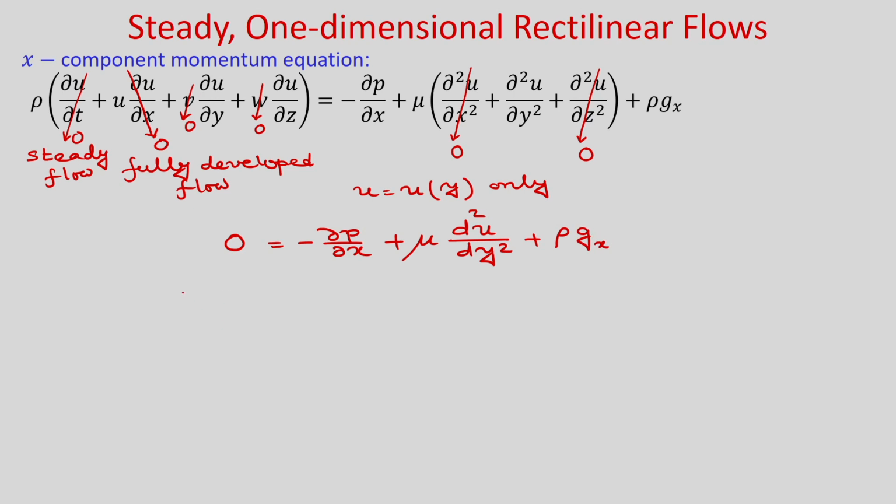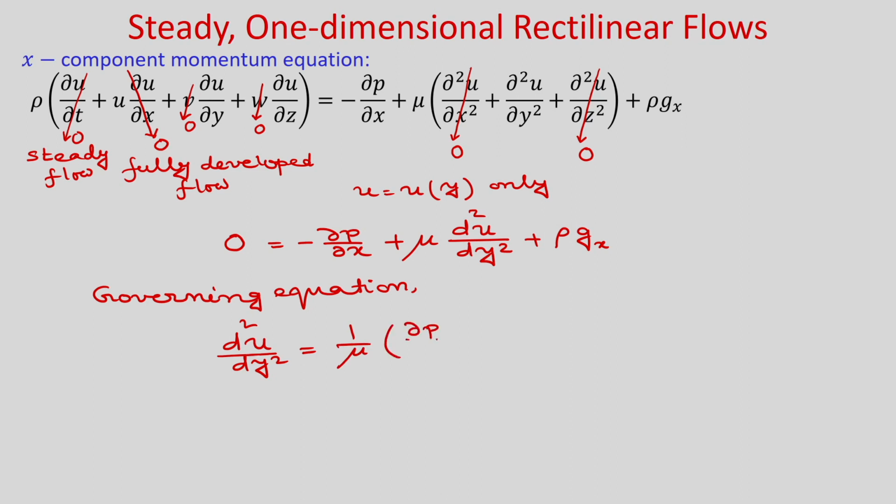So, we can have the governing equation to find the velocity profile: d2u by dy square is equal to 1 by mu del p by del x minus rho gx.